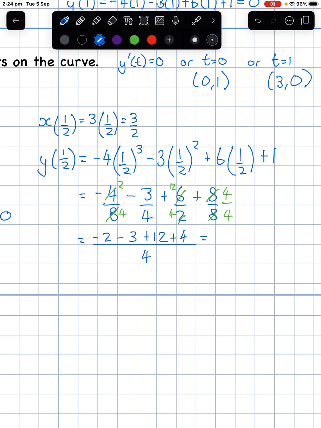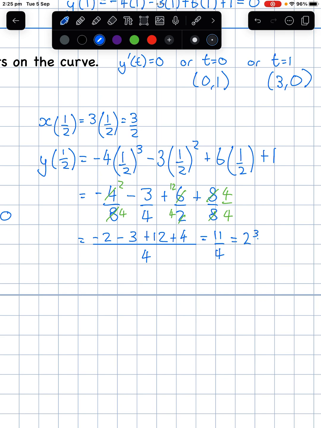Negative 2 and negative 3 gives us negative 5, plus 4, so we're looking at 9 on 4, which is also equal to 2 and a quarter. Sorry, I've added that up wrong. 16 minus 5 is 11. 11 on 4, which is 2 and 3 quarters.